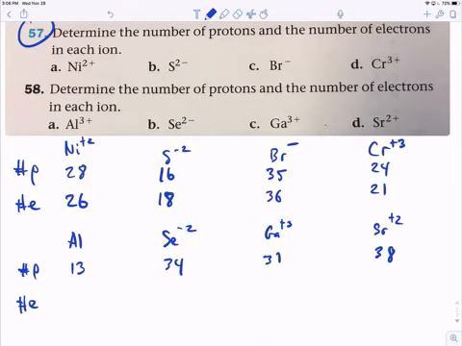So just solving problems, and so I'll solve one, you solve one. I make sure that you're getting it and studying for the final. Yep.